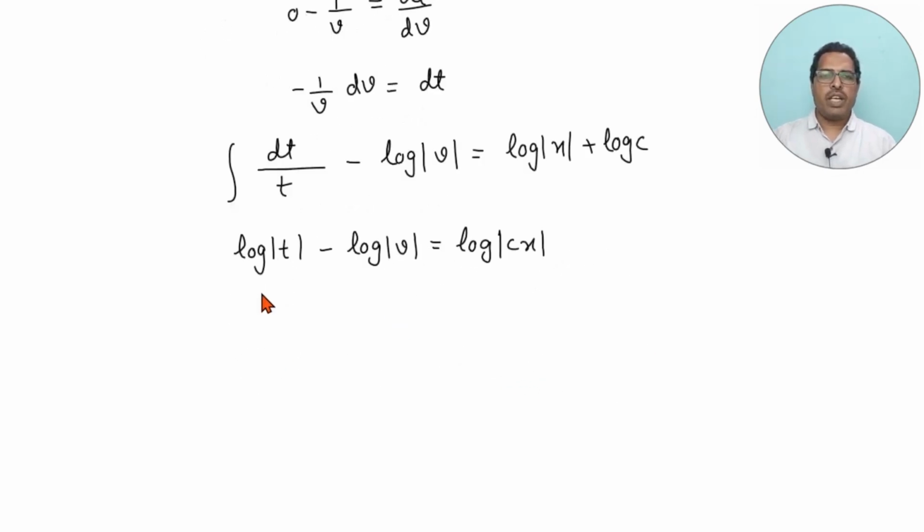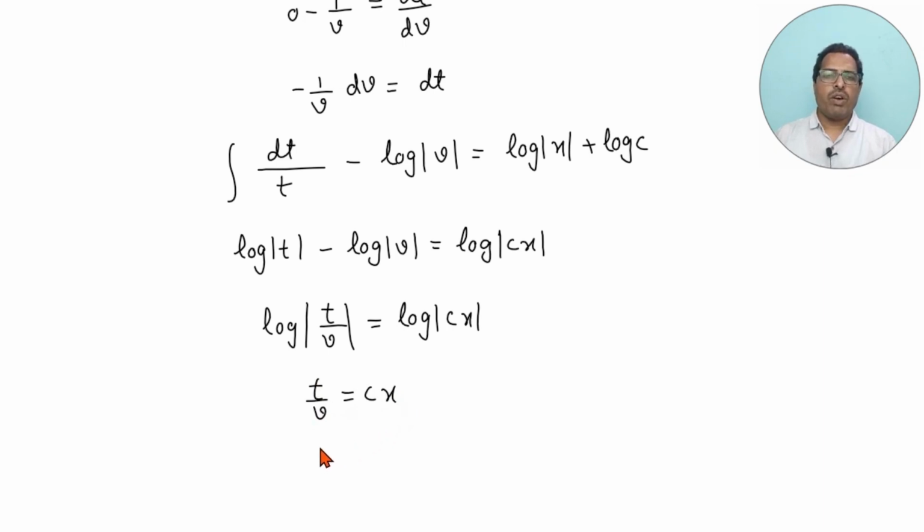On the left hand side, since it is in the form of log m minus log n, which can be written in the form of log m by n, that is t by v, is equals to log of mod cx. Or if we try to eliminate the value of log, we are left out with t by v is equals to cx, or t will be equals to cvx.